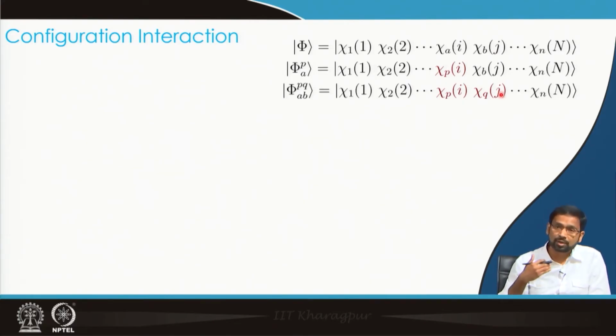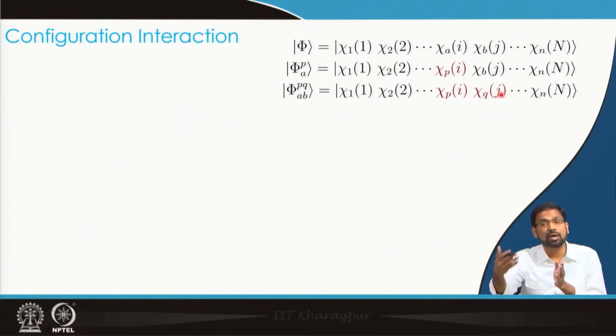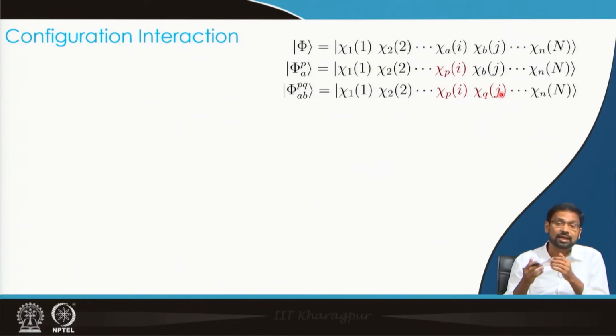Now, when I was doing the Hartree-Fock calculation, I was restricted to only one configuration. I was not allowing this configuration to interact with other possible configurations. What I am going to do with configuration interaction is allow an interaction between one configuration, that is one Slater determinant, and other Slater determinants, which are anyway different n electron wave functions for my molecular system.